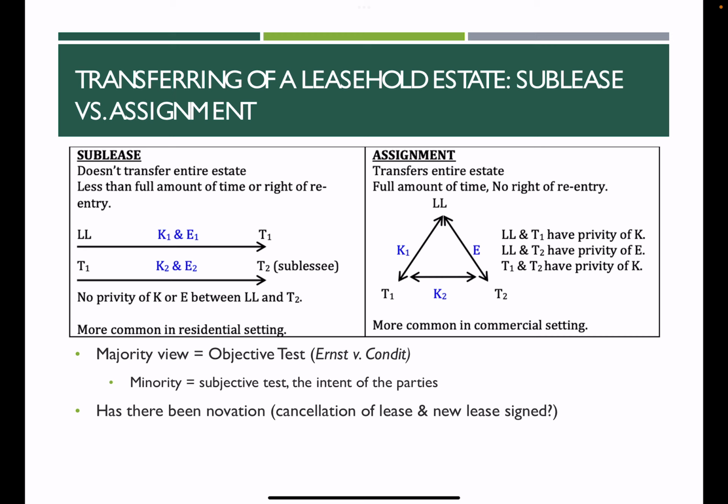I'll quickly mention, just for purposes of hypos, that if you're a landlord, you generally don't want a tenant to sublease or assign, because landlords generally go through a really extensive process trying to determine who the tenant will be. So there are 3 ways in which landlords can limit subleases or assignments.